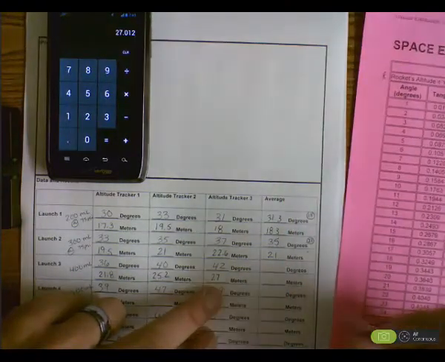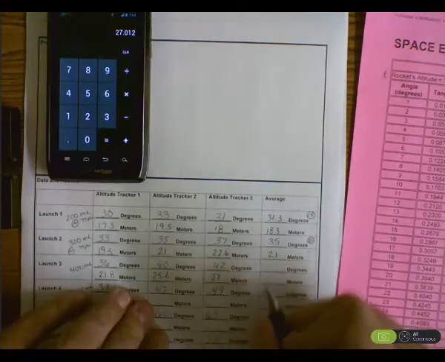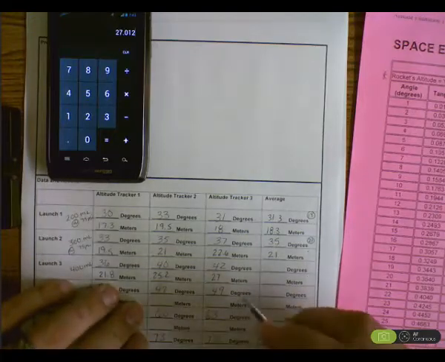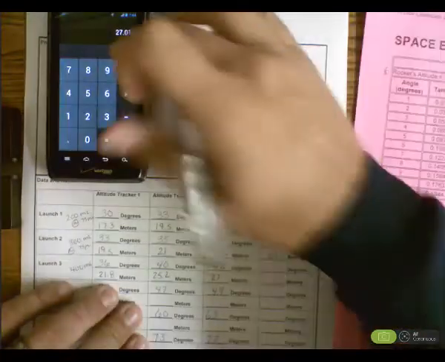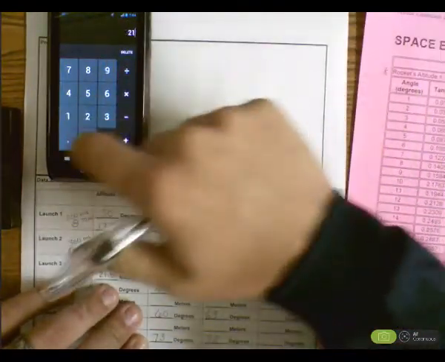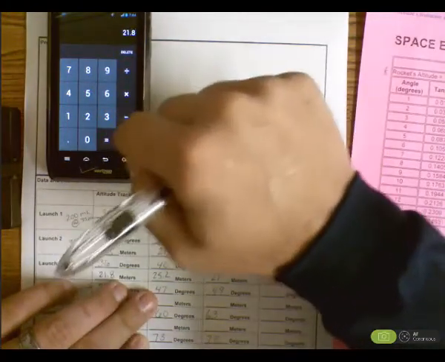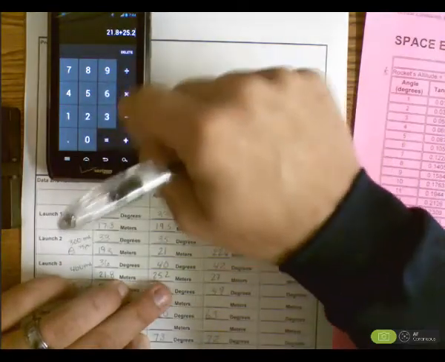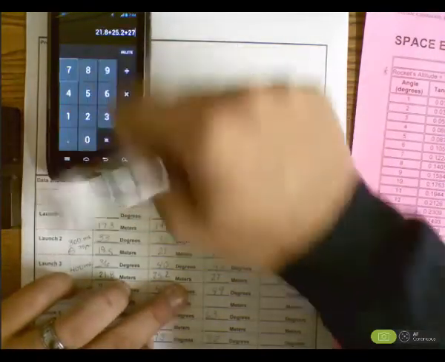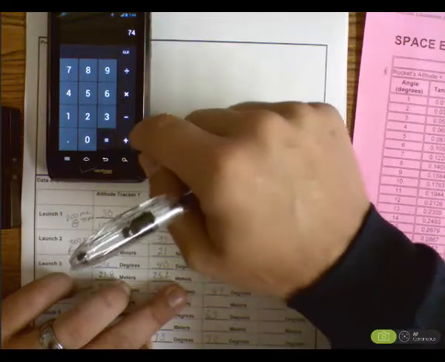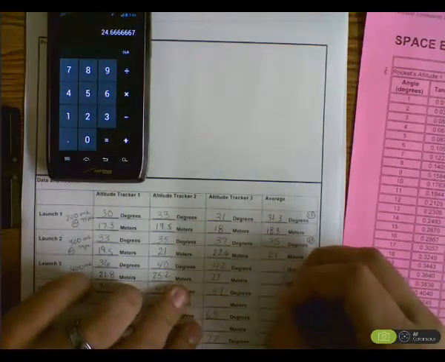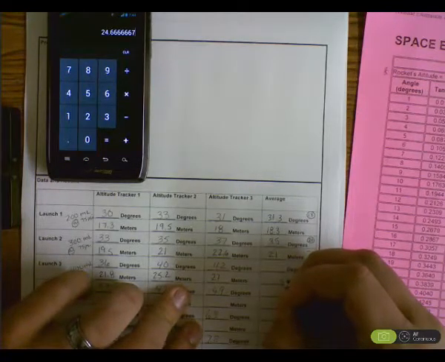Average them all out, and we're going to skip doing the degrees right now because we're going to hurry so that you can see it, get the graph, get its next point put on it. So I got 21.8 plus 25.2 plus 27 divided by 3 equals 24.6 repeating, so we can round that up to 24.7.